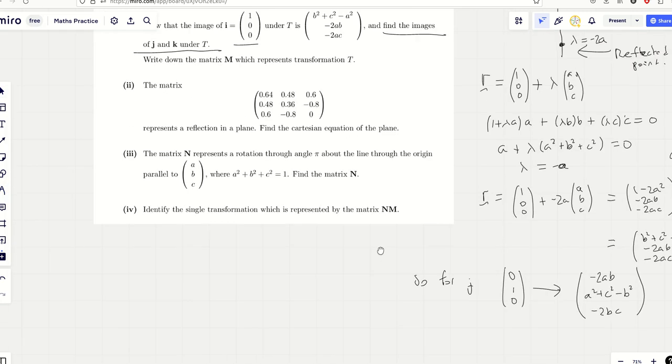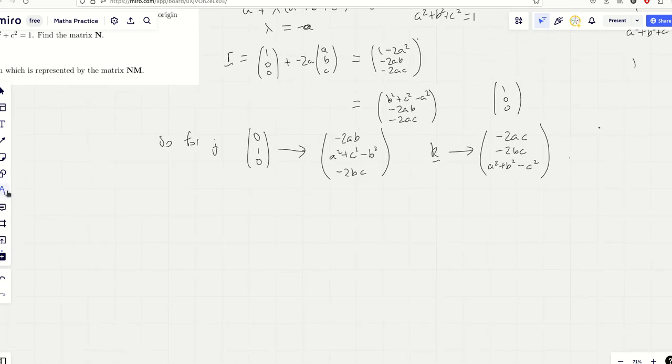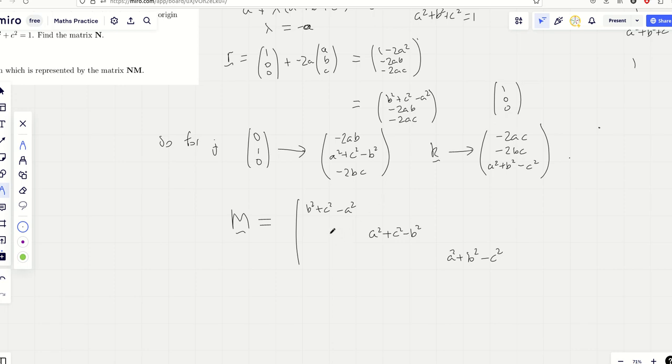And now, of course, I can write down the matrix. The matrix representing the transformation M is going to be simply where i goes, so b squared plus c squared minus a squared, then a squared plus c squared minus b squared in here, and a squared plus b squared minus c squared in there, and then I'll put the other ones in here: minus 2ab, minus 2ac, minus 2ab, minus 2bc, and then minus 2ac, minus 2bc.